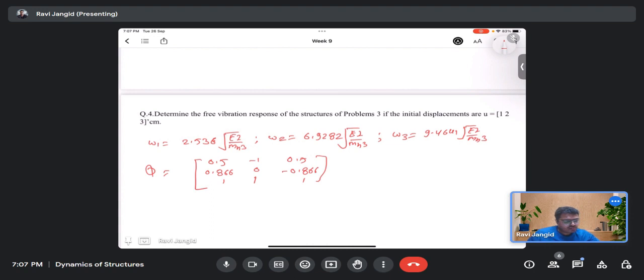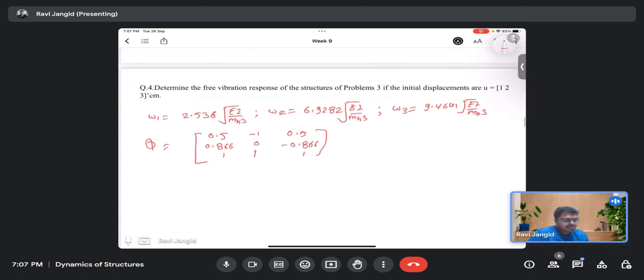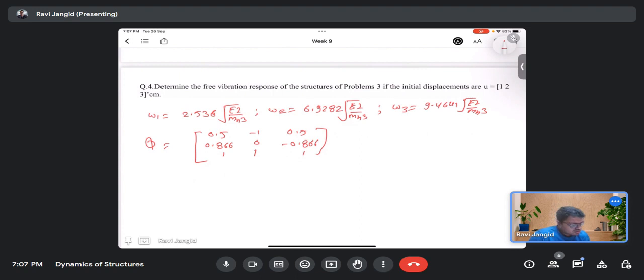Okay. So in the multi degree of freedom system, our response u(t) for the free vibration is given as the summation from n equal to 1 to 3, since we have three mode shapes, of phi n times q n 0 cos omega n t plus q n dot 0 by omega n into sin omega n t.